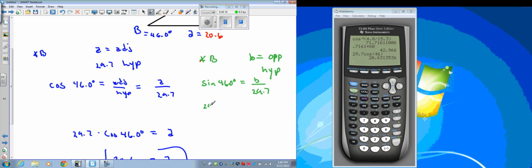So I'll go 29.7 times sine of 46. That's going to equal what my B is. I'll round that off to 3 digits, 21.4.